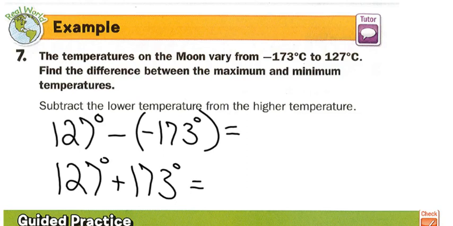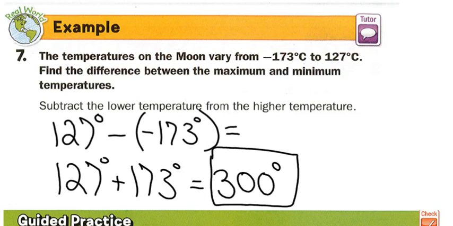That leaves us with a nice easy problem of 127 plus 173, which gives us a total of 300 degrees. So how much does the temperature vary? It varies by up to 300 degrees. The difference between those two amounts is 300 degrees.